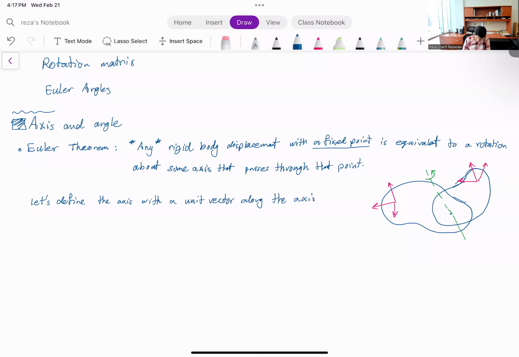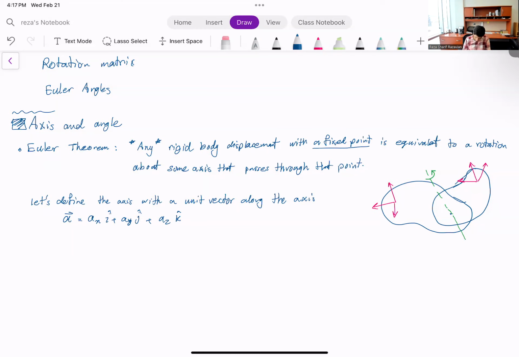So we define this axis A, which is some AX i plus AY j plus AZ k.